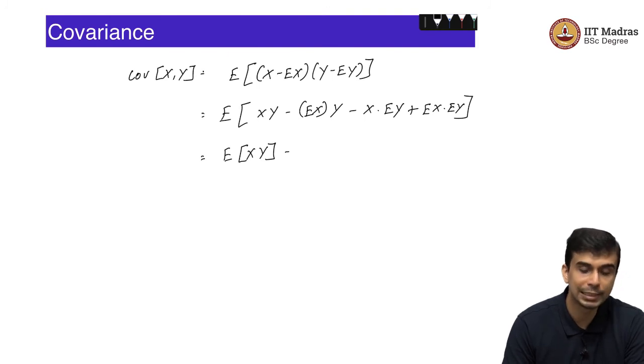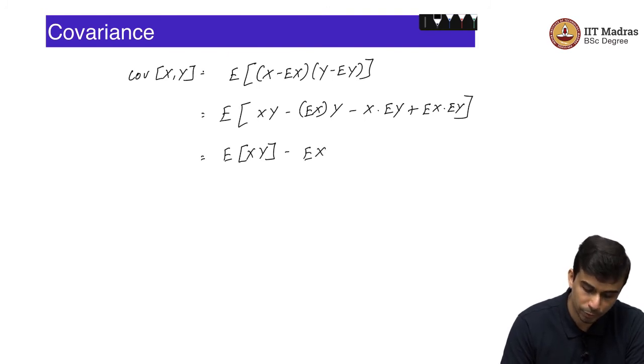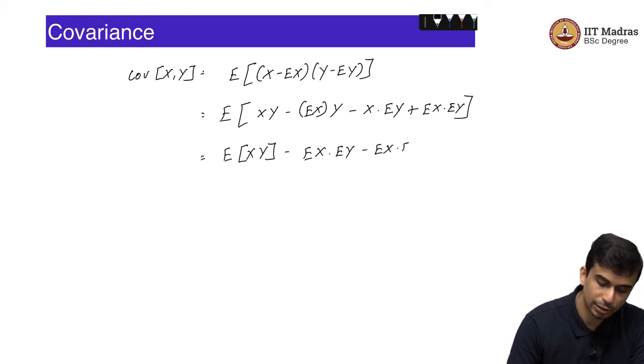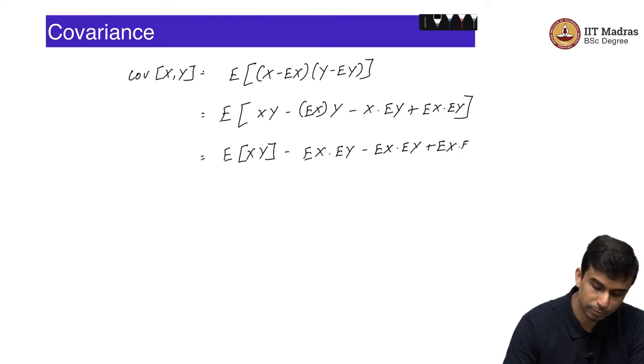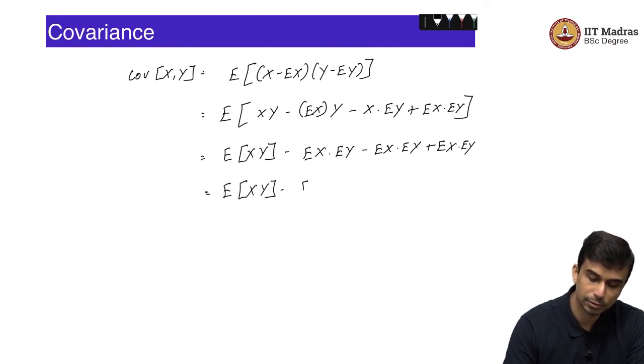Let us use the linearity of expectation to go further. So, this is the expected value of xy minus the expected value of x into y. Ex is a constant, so you can take this out, so this becomes Ex into Ey. Similarly, you have minus Ex into Ey, plus Ex into Ey.